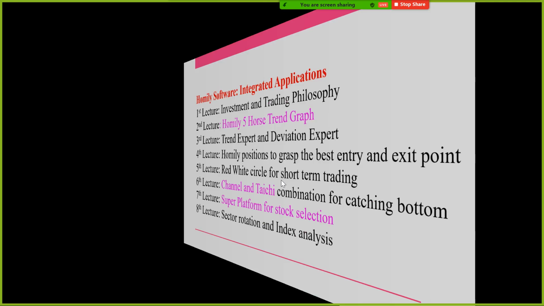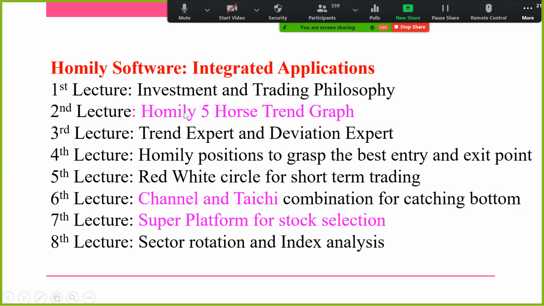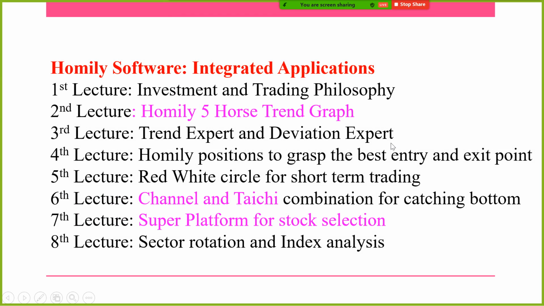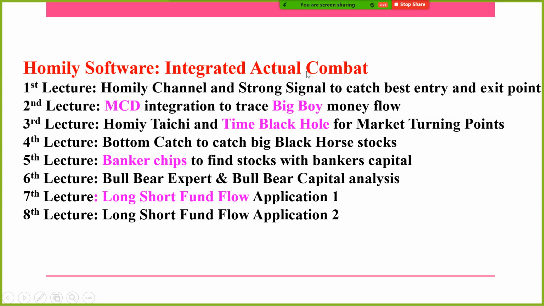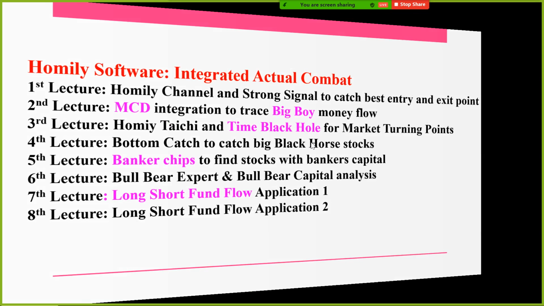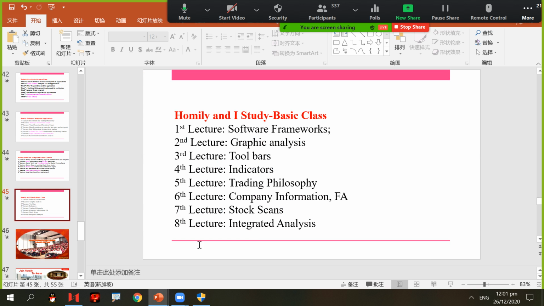We also provide the indicators, Homely software indicators like the Homely rainbow, deviation, Homely position, read and best circle, right? We also have the high level software tools: MCD, long short fence, 10 black hole, and the bottom catch signal. We provide all this training service and never stop.